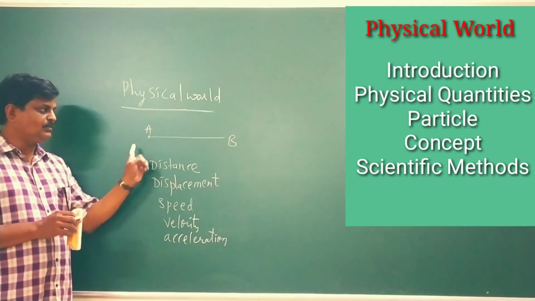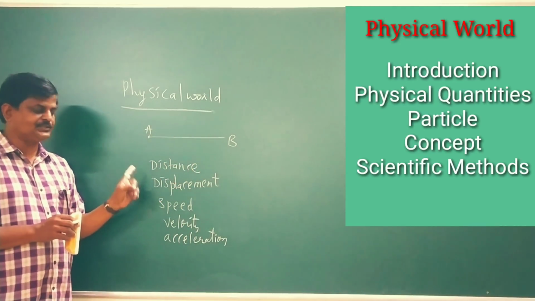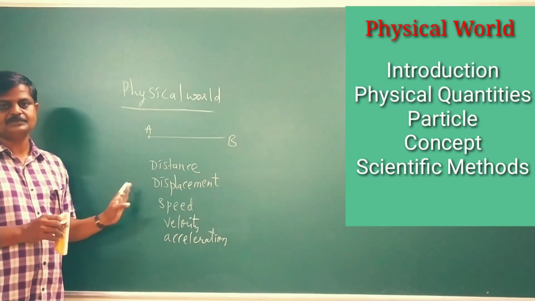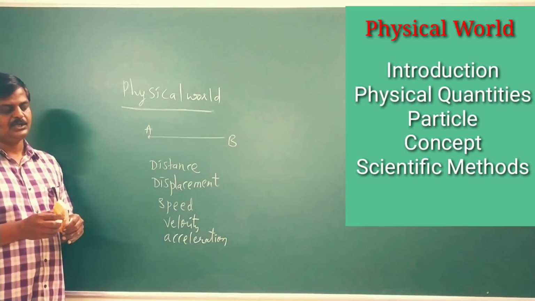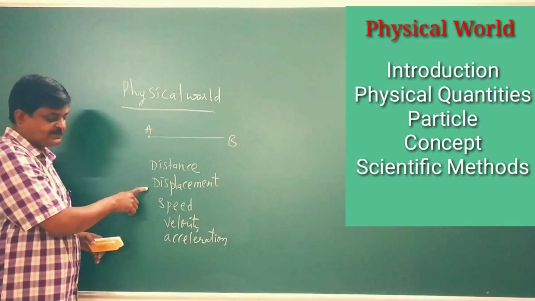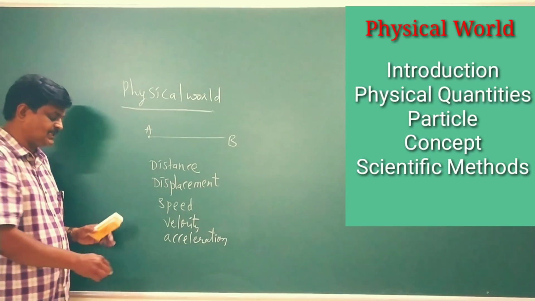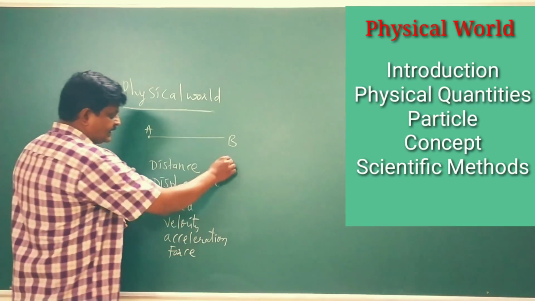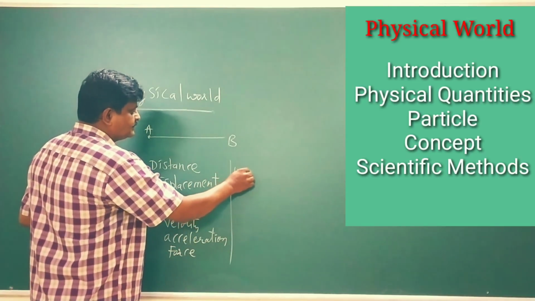Just see, the motion of an object can be analyzed with these terminologies. We group them as concepts of physics. In order to define the motion of a body, we use concepts like distance, displacement, speed, velocity, acceleration, force, and work done.